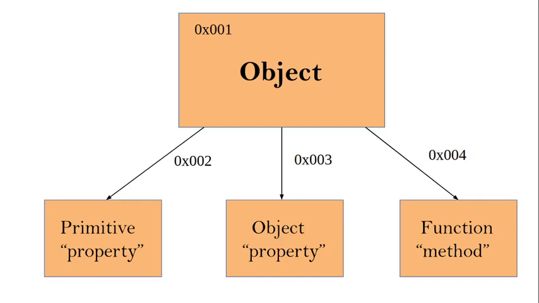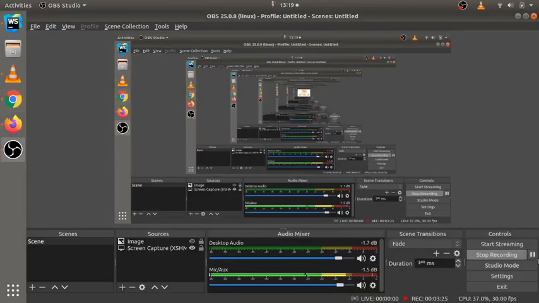So you think of an object as sitting in memory, having references to the other things connected to it. It knows where its different properties and methods are, like primitives, objects and functions. To be more clear, we can go to the practical session.